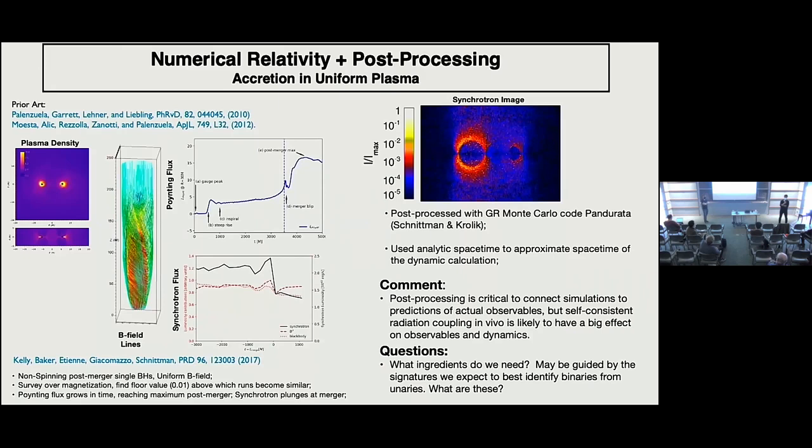And the best we could do was to compare our predictions for a binary with the predictions made for a single based on similar modeling physics, because there isn't any other apples-to-apples comparison we could make. And it tells you what a primitive state this program is in.